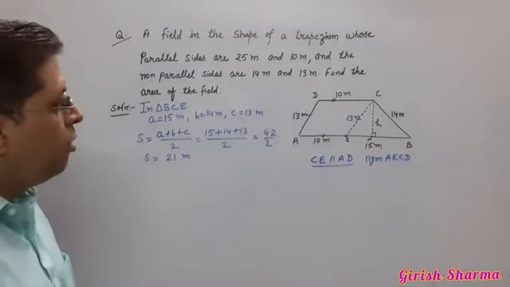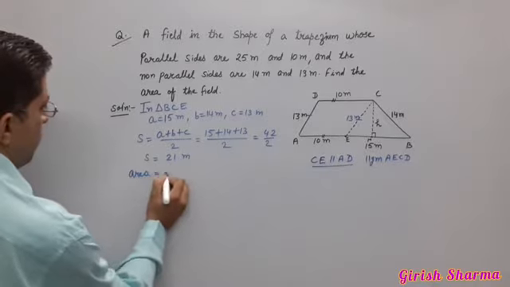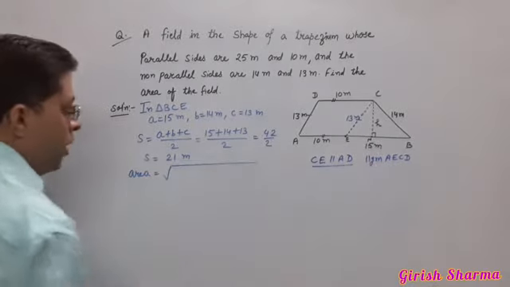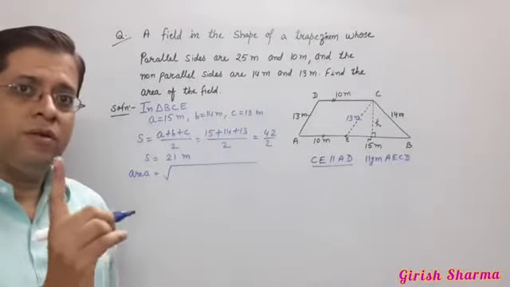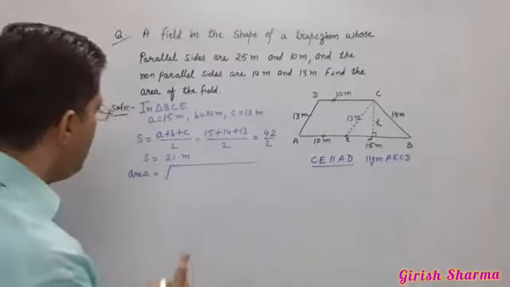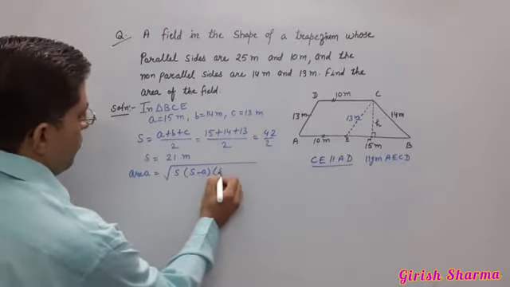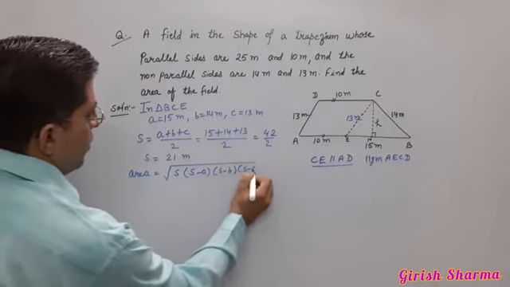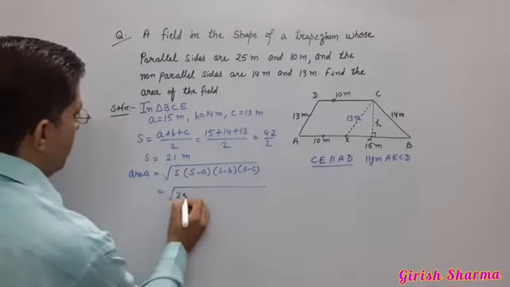Then you have to find the area, that we know by Heron's formula: under root S into S minus a into S minus b into S minus c. What is S? S is your 21.